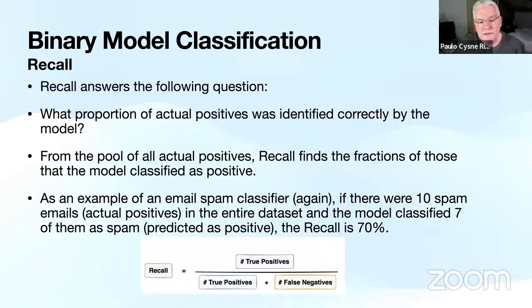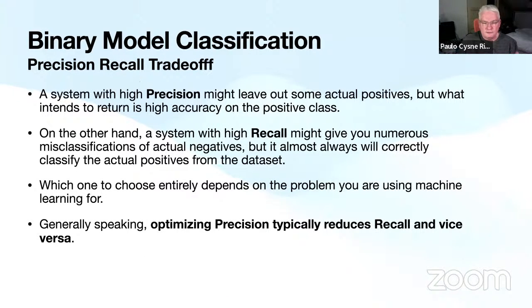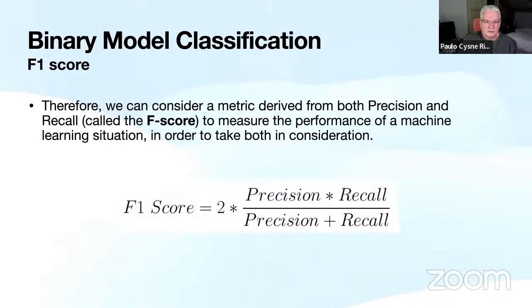If on the other hand, the most important is the recall, meaning the proportion of the actual positives that you identified correctly, then it is the recall. But there will always be a trade-off. You cannot have both high precision and high recall. And the F1 is a score that takes the two into consideration.